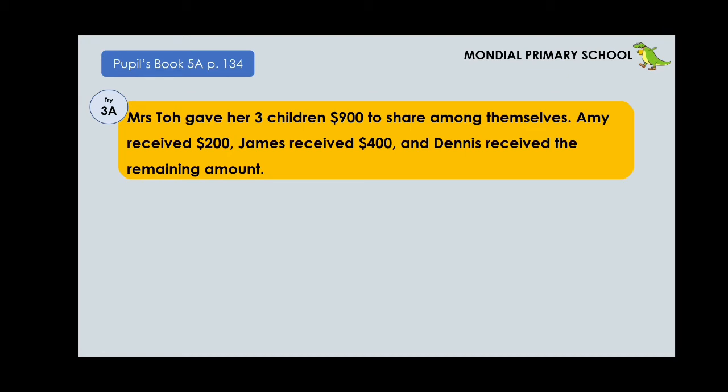We know the total amount of money that Mrs. Toh gave to her children. We know the amount of money Amy and James received. We also know that Dennis received the remaining amount. What is not written in the problem? We do not know the amount of money Dennis received. Question A. How much did Dennis receive?